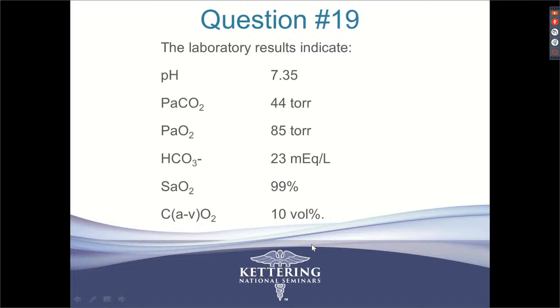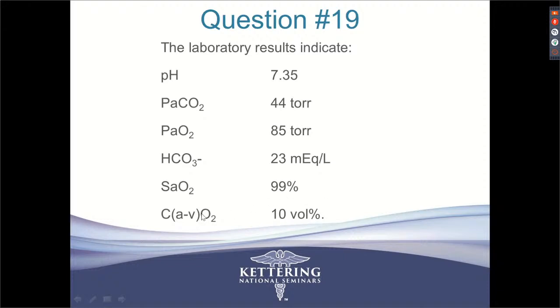It's supposed to be 5 volumes percent. Remember, normal CaO2 is 20 volumes percent. Normal CvO2 is 15 volumes percent. And so 20 minus 15 is 5 volumes percent. So this is an elevated AV difference.